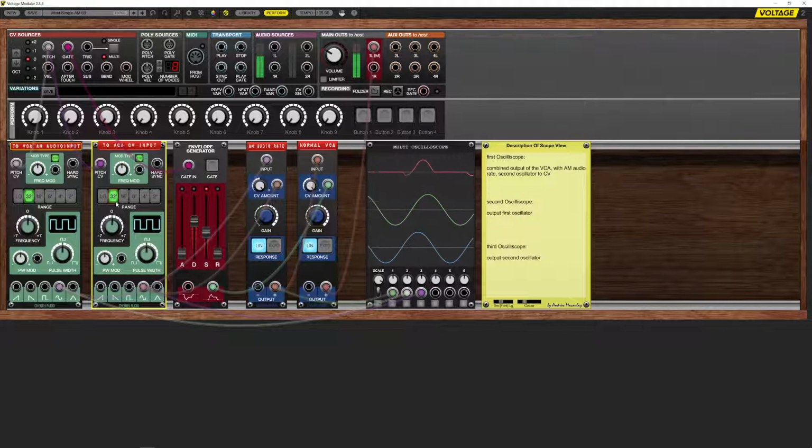Now we get 2 sine waves on the same frequency, and we shall detune them. And you see what's happening.